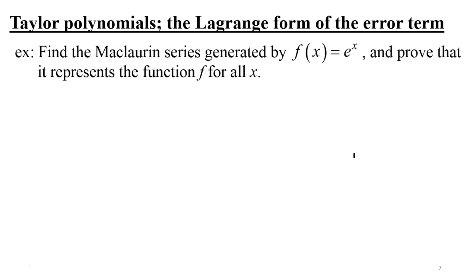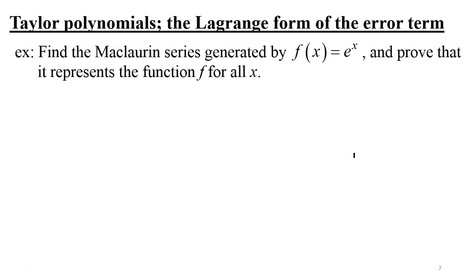So you could just refer to that lesson that introduced Taylor and Maclaurin series that represent functions in order to remember how we find the series generated by these functions.